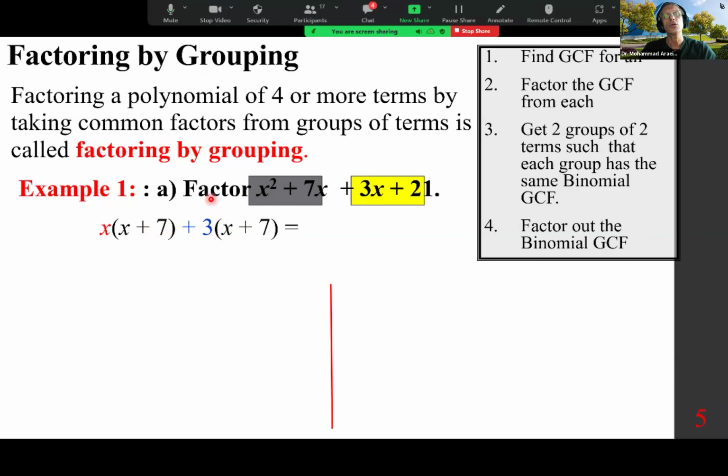And so all you have to do, write x plus 7, and then whatever is left from here is x, from here is plus 3. This is factor by grouping, everybody. That's all there is to it.